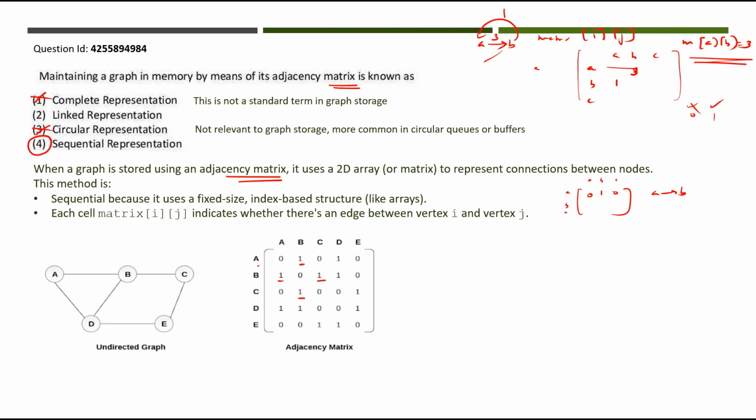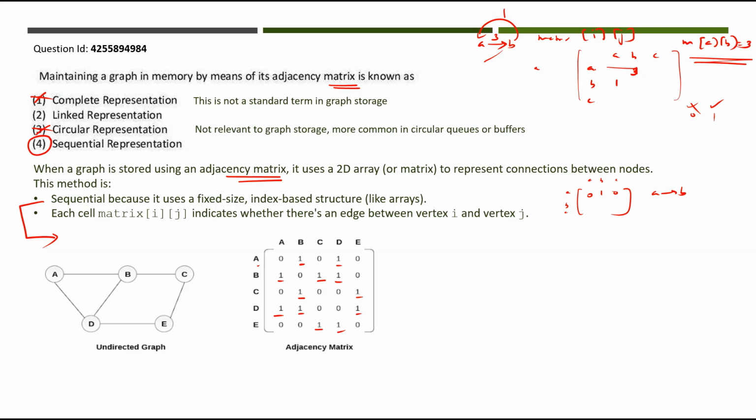AD, BD: from A to D, from B to D, and similarly from D to A and D to B. Then from C we have an edge to E, and from E we mark C. Between E and D we have an edge, so D to E and E to D. This is how we represent it using an adjacency matrix. This is sequential representation in the form of an adjacency matrix.